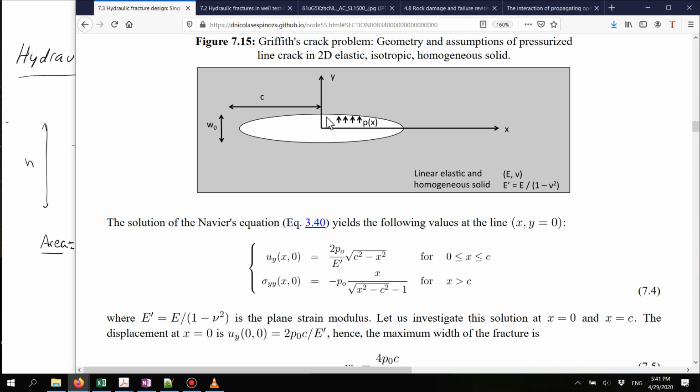That would be the displacement of the wall of the crack from the center towards this point.